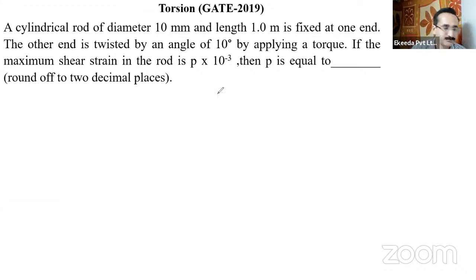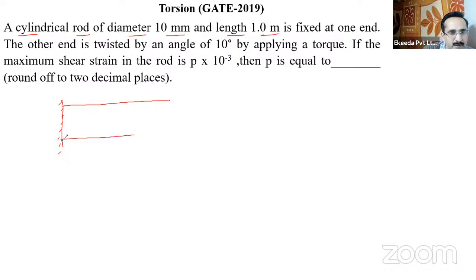What is this question? A cylindrical rod of diameter 10 millimeter and length 1 meter. A cylindrical rod is there like this. It has a diameter of 10 millimeter, right?